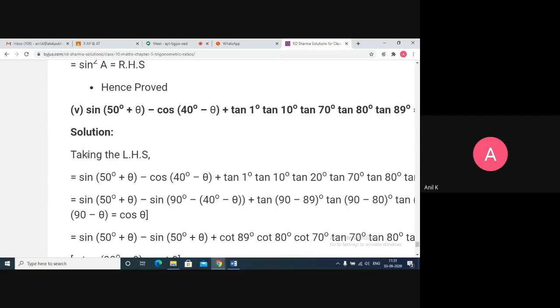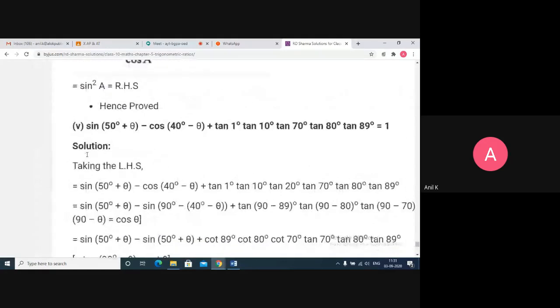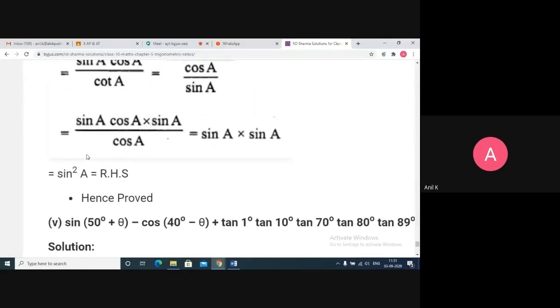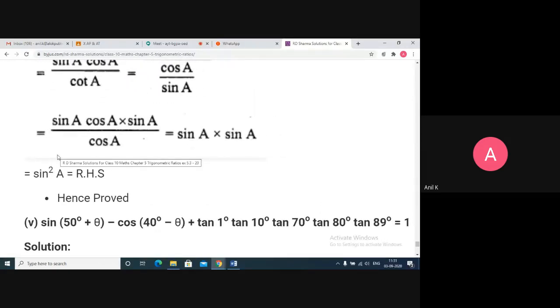Okay, here we got the fifth question. Yeah, you can try this fifth question, everyone. Sin 50 plus theta minus cos 40 minus theta plus tan 1, tan 10, tan 70, tan 80, tan 89 equals to 1.